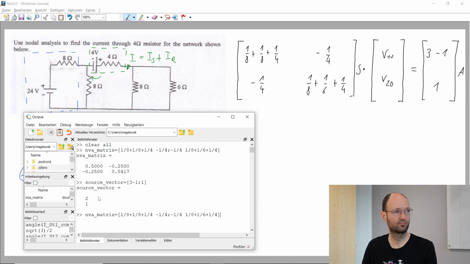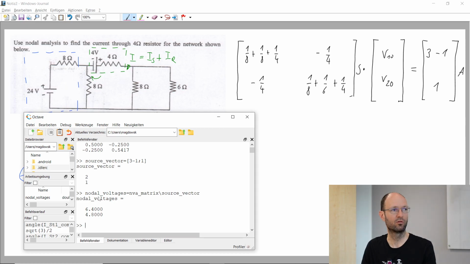And then I can copy this equation to calculate the nodal voltages. And we remember, okay, 6.4 I think is something that we had before.